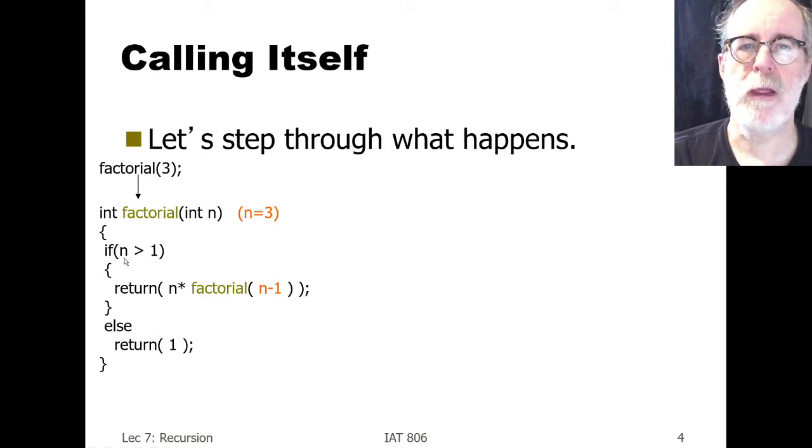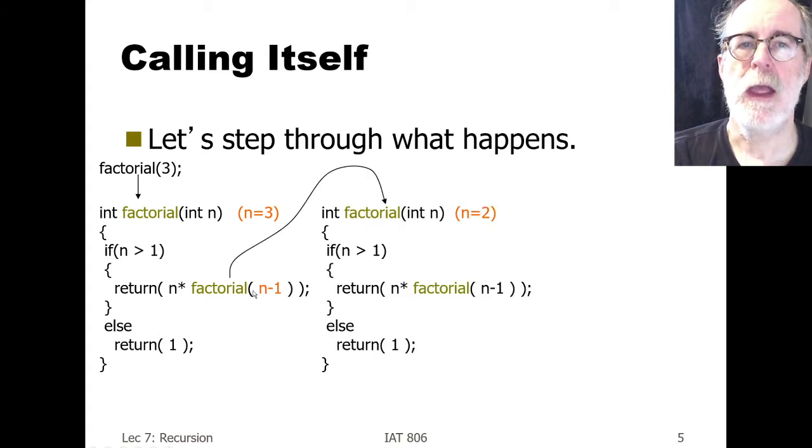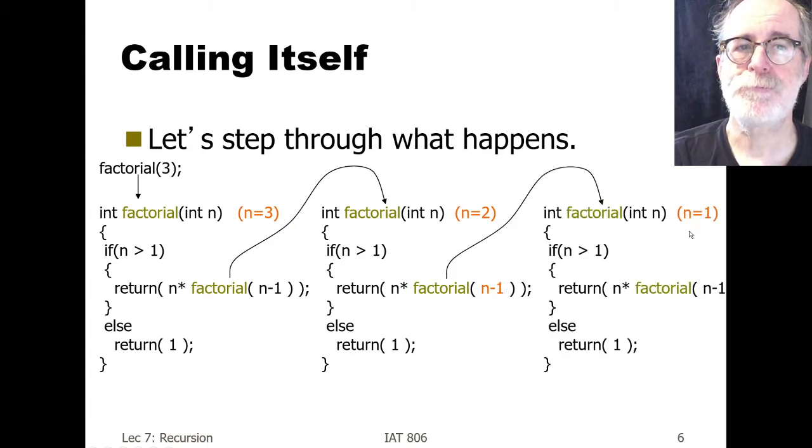The condition is n greater than 1, and 3 is greater than 1, so return n times factorial of n minus 1. That's 3 minus 1, which is 2, so we call factorial with a smaller value, n equals 2. And n is greater than 1, so we call factorial again with n equal to 1.